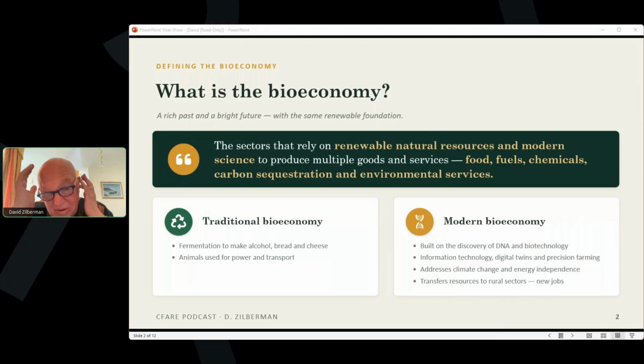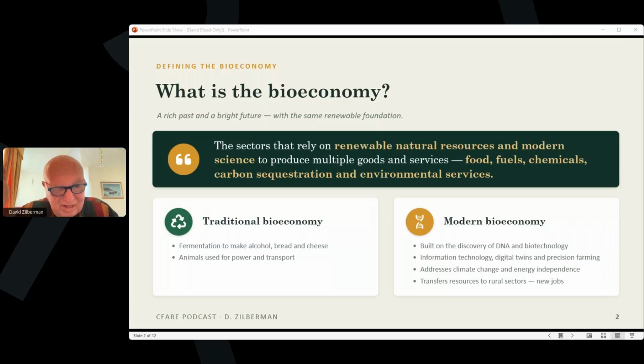What is the bioeconomy? The bioeconomy consists of all the sectors of the economy that rely on renewable natural resources and modern science to produce goods and services. For example, it produces food, fuel, chemicals, carbon sequestration, and environmental services.